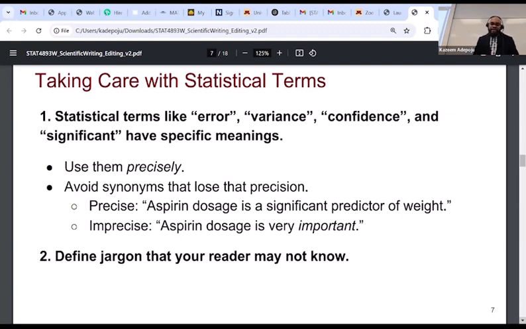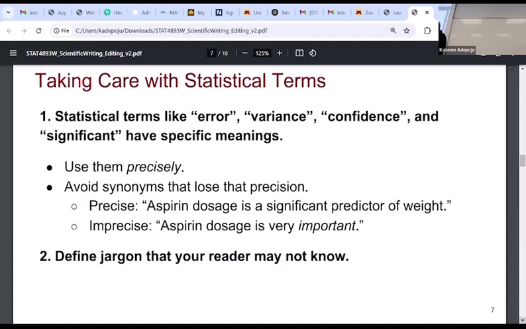Now I'm going to give an example. Look at the way to say it. It is imprecise to say aspirin dosage is very important. That is not statistical. Maybe you are looking at the effect of aspirin dosage on a response.